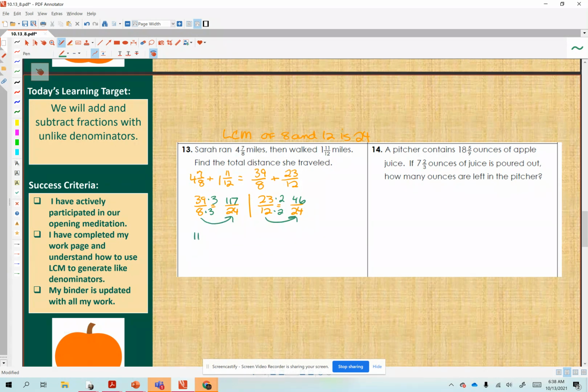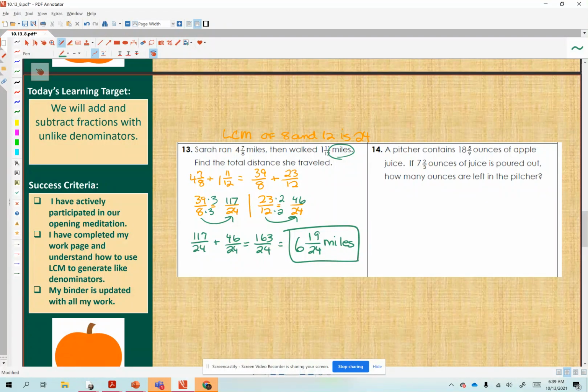And we'll simply add 117 over 24 to 46 over 24 to get 163 over 24. And when we divide 163 by 24, we have 6 and 19/24. And the question is the total distance in miles. So 6 and 19/24 miles.